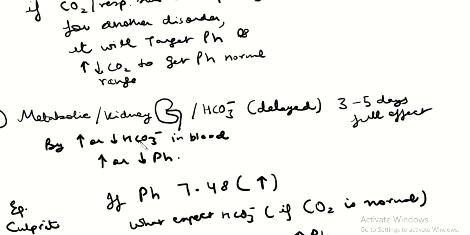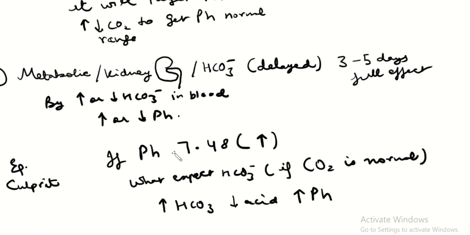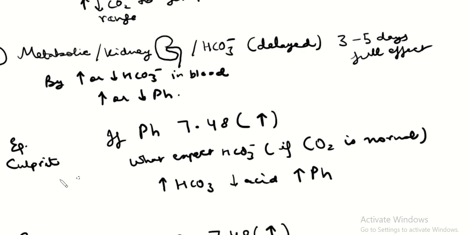If it increases bicarbonate, again, if it's the cause, then increasing bicarbonate causes an increase in pH and decreasing bicarbonate causes a decrease in pH, because a decrease in bicarb means less alkalemia or more acidemia. Okay, let's say it's a culprit.